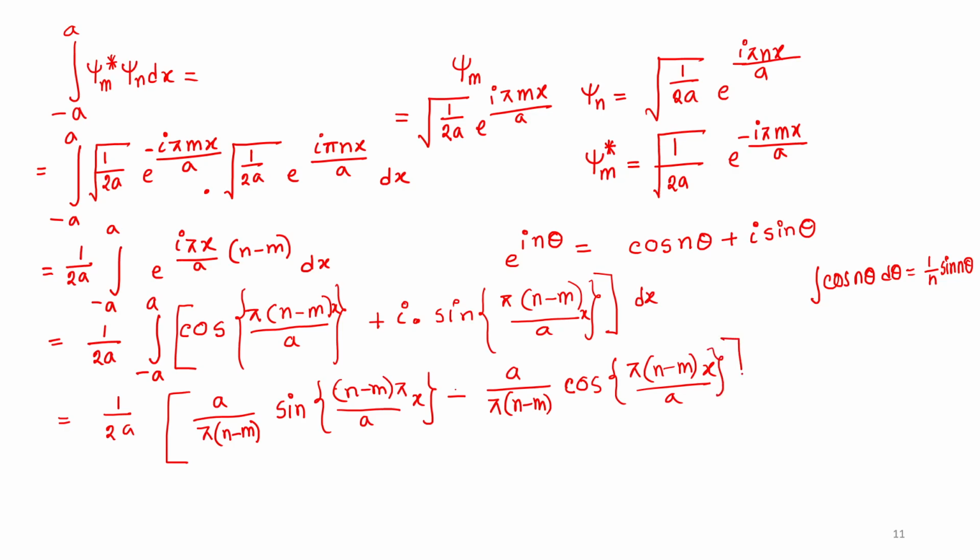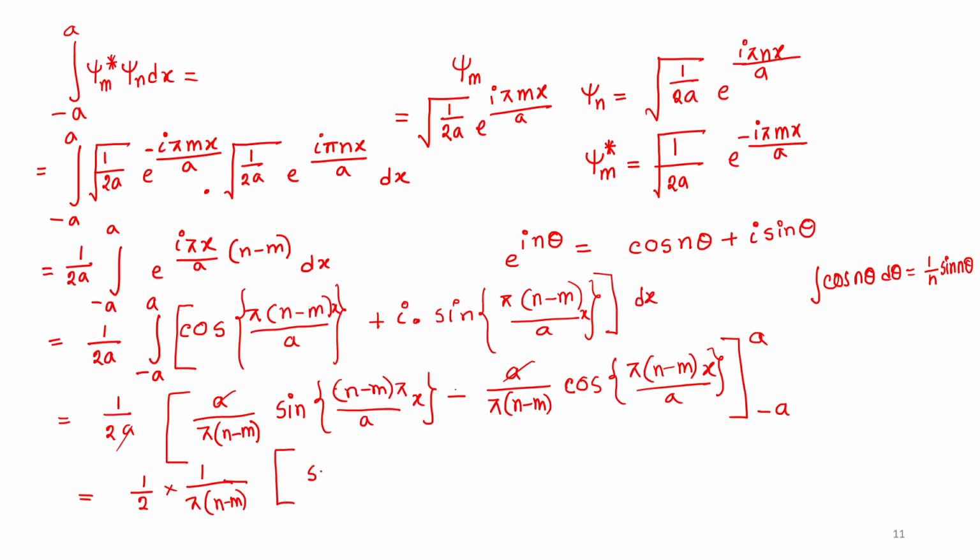So our integration is done, but the limits are from minus a to a. Before putting them, we can take a common from there and cut it with this, and also take this n minus m outside as common.